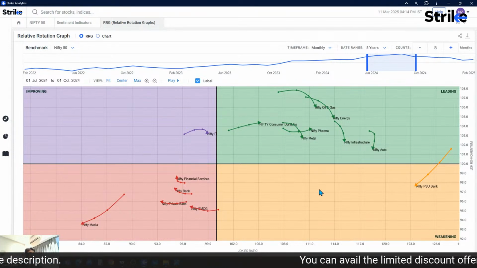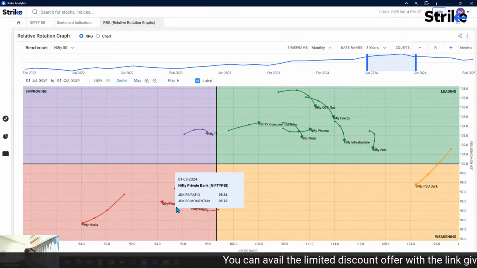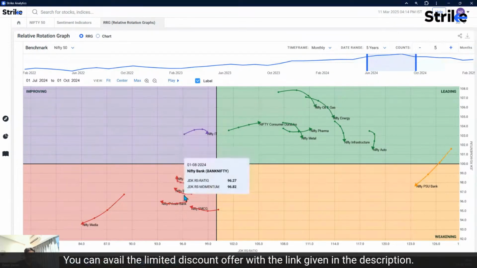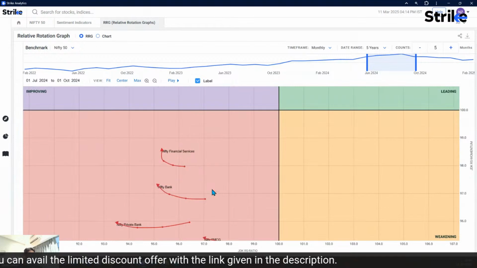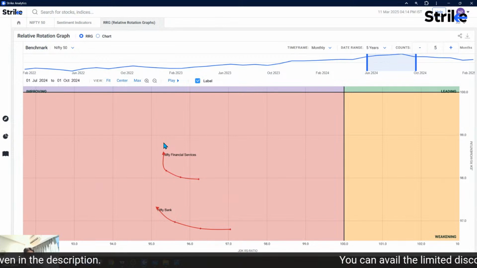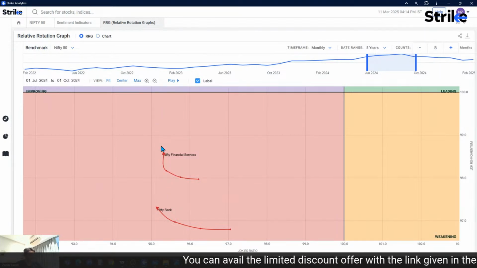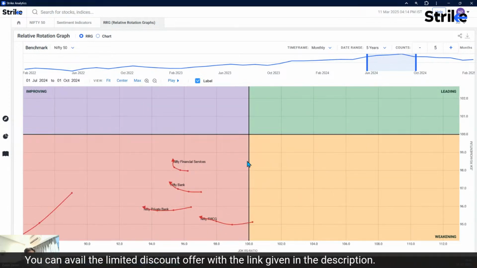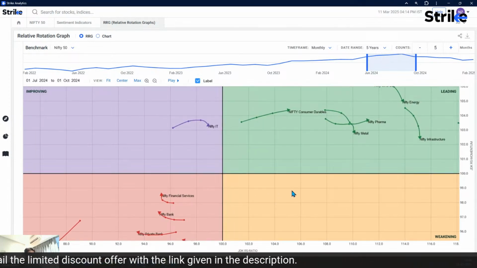An investor can say that, hey, Nifty Private Bank and financial services, especially Nifty Financial Services, Nifty Bank and financial services, they are sloping upwards. They have started sloping upwards. So there could be a further gain in momentum. They have already underperformed and are already in the laggards.